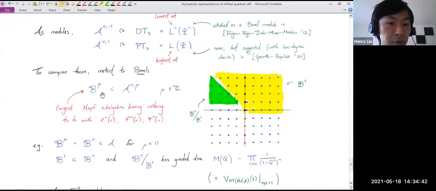But we have to be a bit careful because the shifted Borel B mu inside the shifted quantum affine algebra A mu changes depending on what mu is.